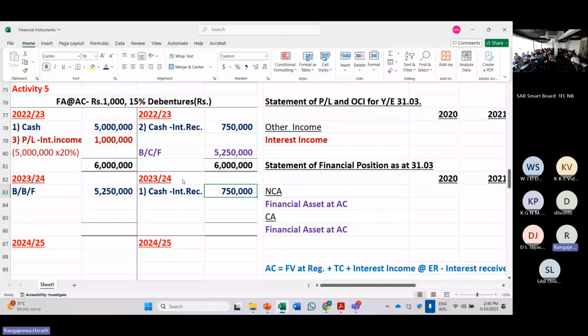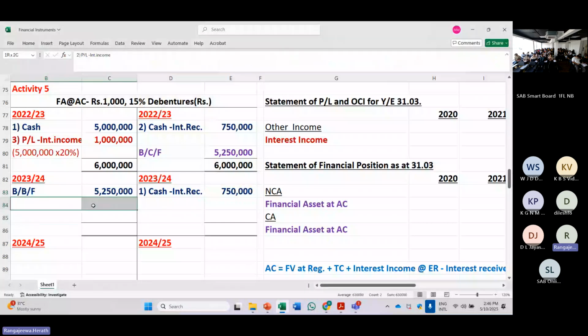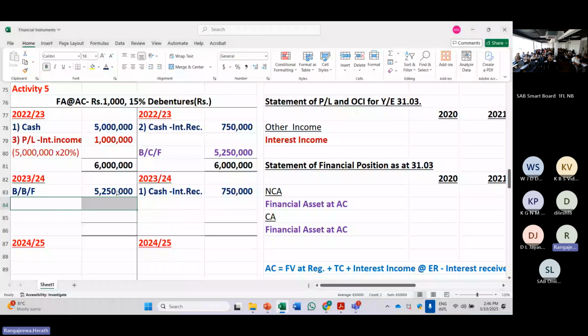And we take the interest income on the opening balance of the year at the effective interest rate.